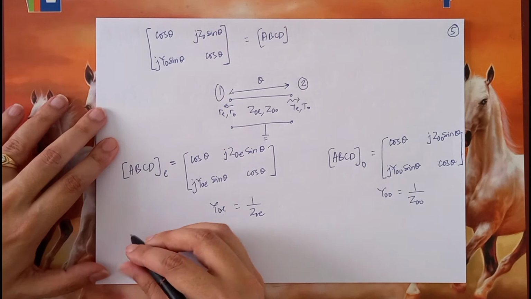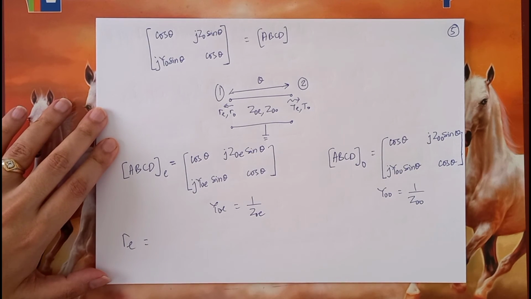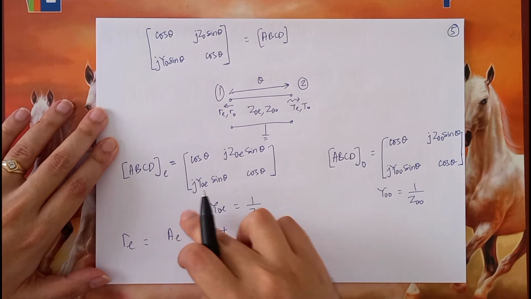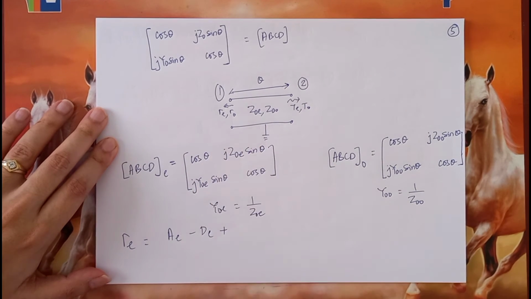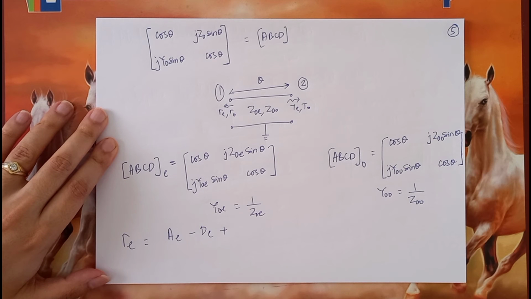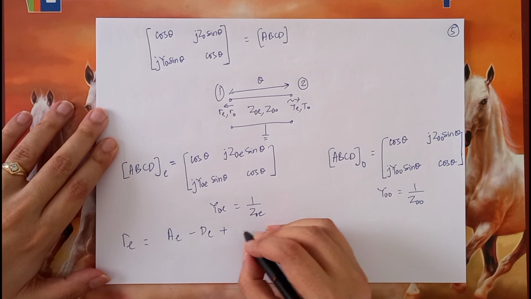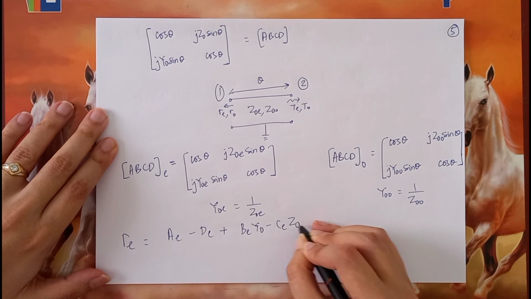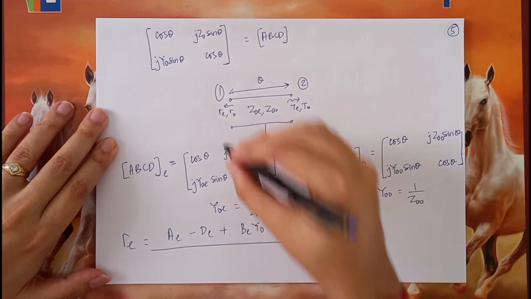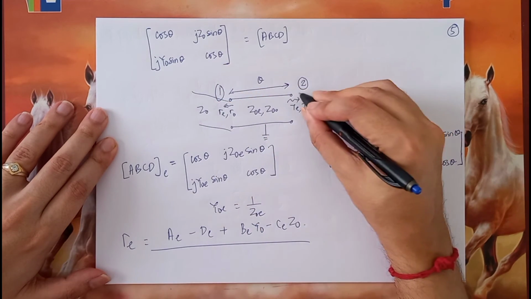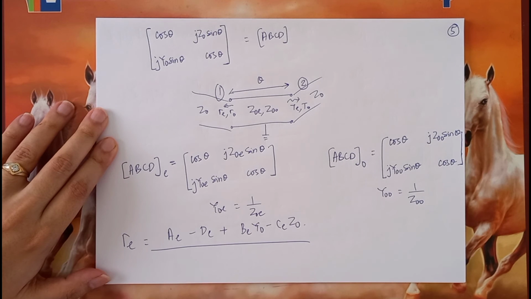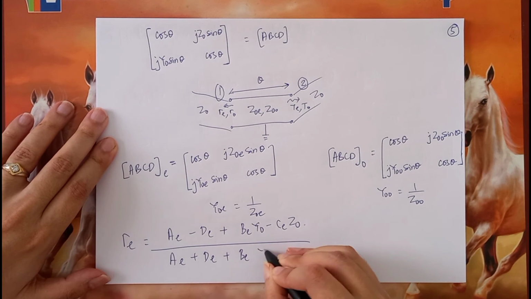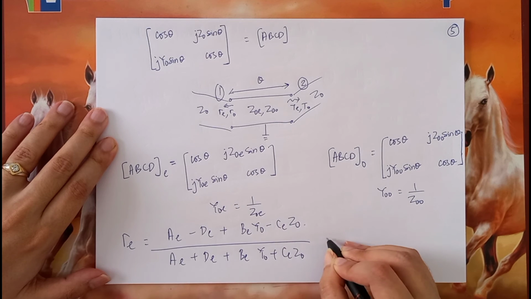So therefore, if you recall, gamma E will be AE minus DE, where AE, DE, BE, CE are the even mode ABCD matrix coefficients, and Z0 will be the impedance of the feed lines. And so on.